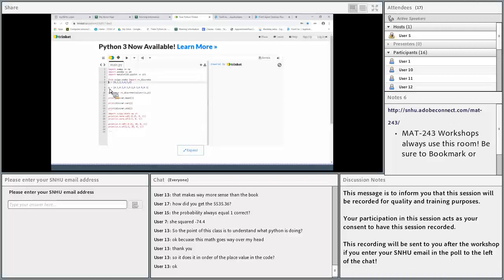So I have my X array and then the P. Then I have discvar. Then I have print discvar.mean, discvar.variance, and discvar.standard deviation. So I'm going to run that now. And hopefully my Trinket is working tonight. Yes, so the mean is 2.7. The variance is 3.8 and the standard deviation is 1.95.